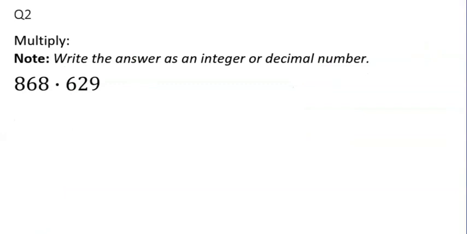The next one is a multiplication. So those are whole numbers. I just put my multiplication to work, so I'm going to put here my 868 times 629.